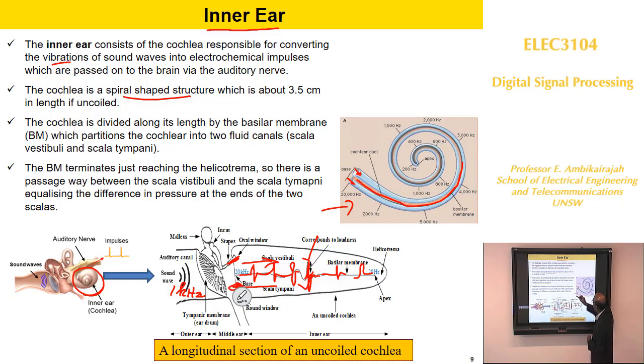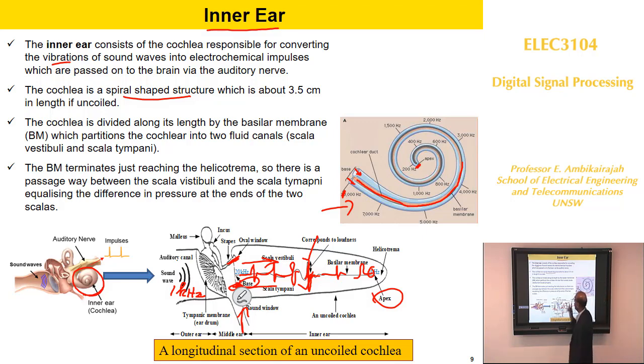And you can see this end is called the basal end, and this is called the apical end, and the apical end is roughly sensitive to about 70 hertz, or 20 hertz there, and here is around 20 kilohertz.